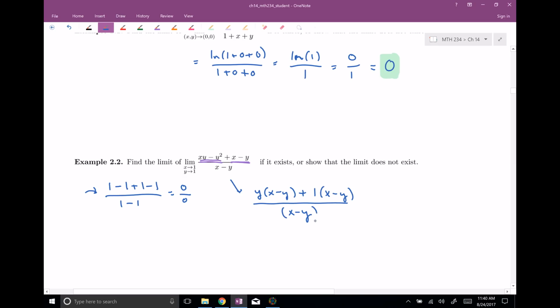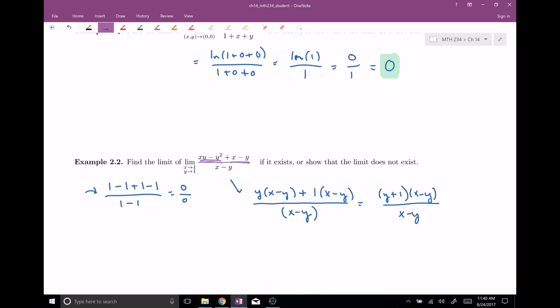Now notice that each one of these terms has an x minus y on top, and there's one on the bottom. So let's factor one more time. Both of these terms have an x minus y, so I'm going to factor out that x minus y on top. From the first term I'll have just y left over, and from the second term I'll have this 1 left over.